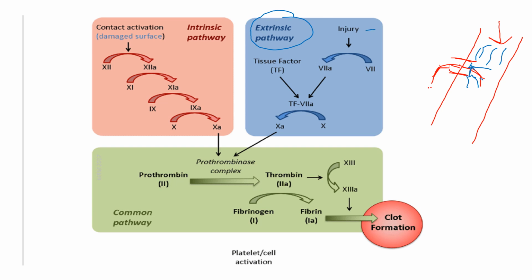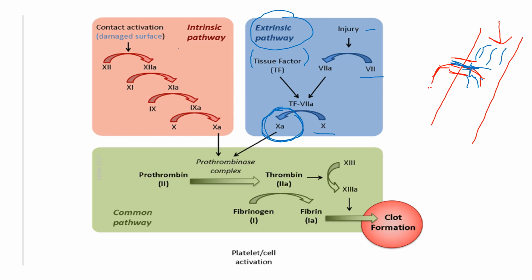If this is the injury site right here, factor 7 will combine with tissue factor, and factor 7 will get converted into 7A, that's the activated form of factor 7. And with the help of tissue factor, factor 10 will get converted into 10A. So far we got to 10A. I'm going to put a big old circle here, and I'll come back to this point again.